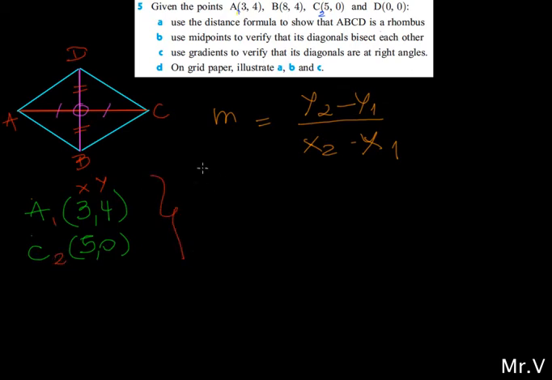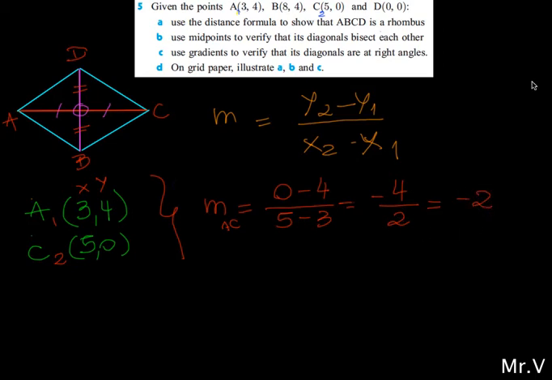So the slope of AC is going to be equal to y2, that's 0, minus y1, that's 4, over x2, that's 5, minus x1, that is 3. So here my slope is negative 4 over 2. I simplify. Always check that you have the simplest answer, and here I can simplify so that it becomes negative 2.